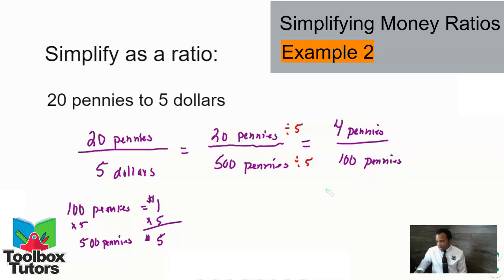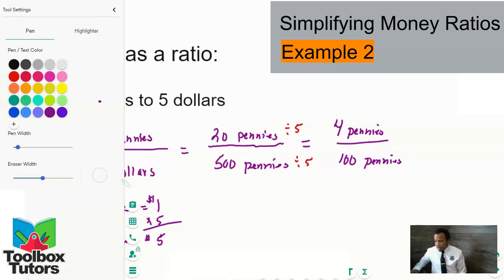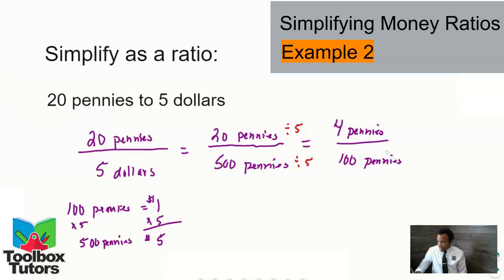pennies. So now we have 4 pennies over 100 pennies, but we can still simplify it again. So if we're looking at 4 pennies and 100, 4 can actually go into 100. So what we can do is divide again, but this time we'll be dividing by 4. So we have 4 pennies divided by 4, 100 pennies divided by 4.